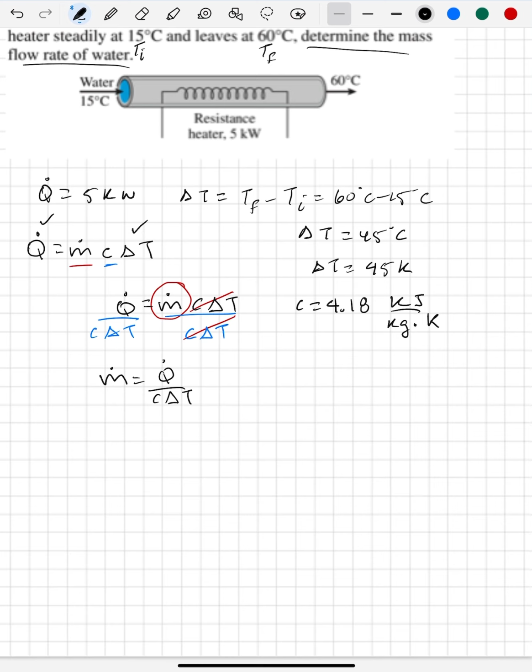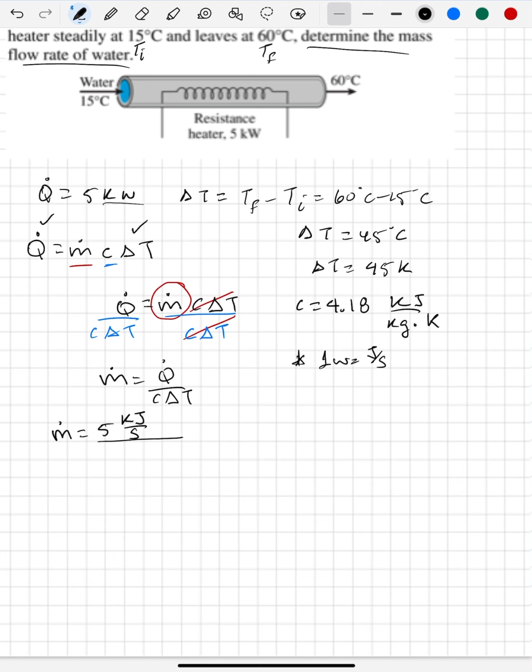So m dot is equal to 5 kilojoules per second. Now remember that we've gone over this: 1 watt is equal to a joule per second. It's changing the watts into joules per second. But since I have a kilowatt, that is going to be kilojoules per second.